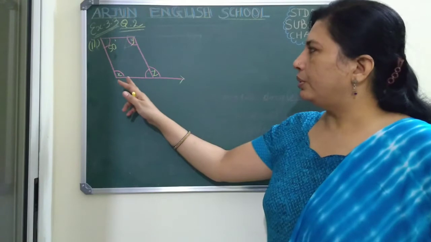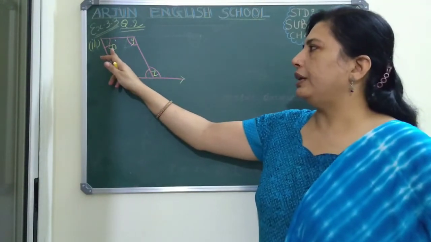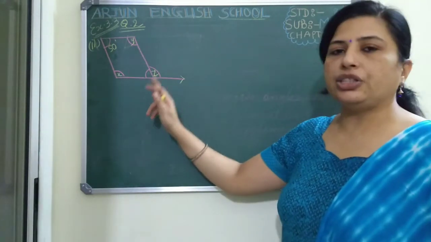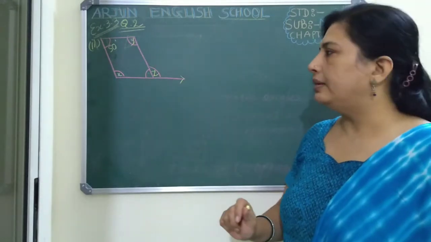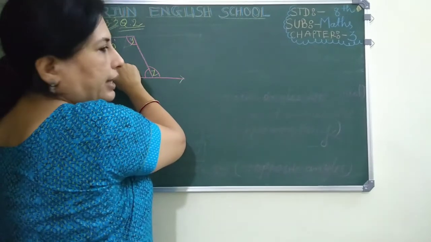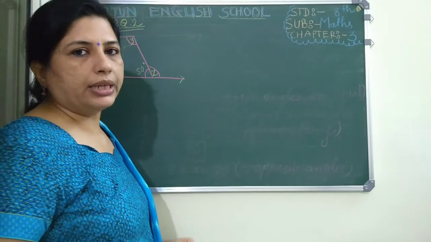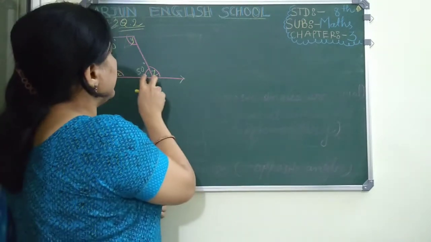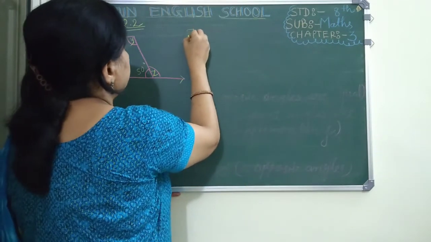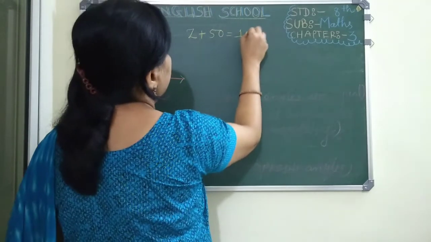In the next question, again a parallelogram is there and this angle is 50. We have to find X, Y and Z. Z is the exterior angle of this angle. First of all, if this angle is 50, then this angle must be 50 degrees as the opposite angle. And both these angles are a linear pair. So we can write that Z plus 50 is equal to 180.